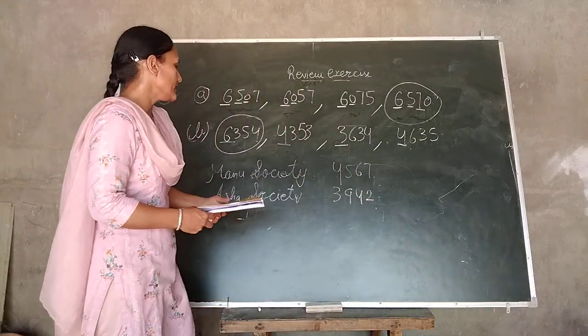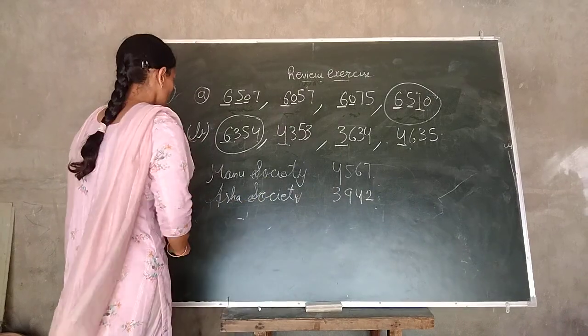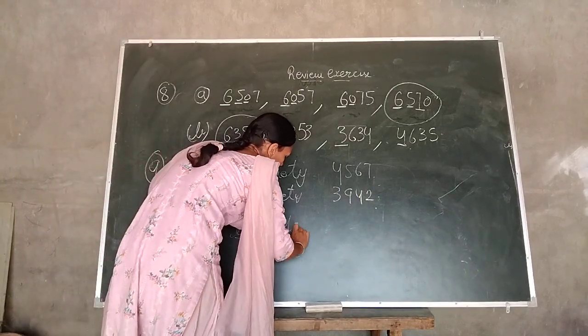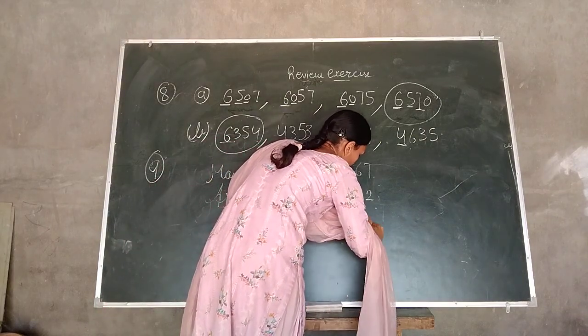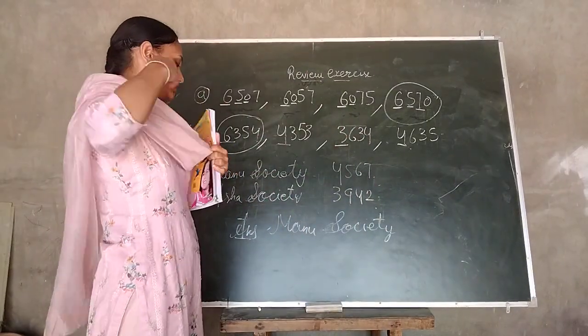Which society has greater number of people? Manu Society. So the answer is Manu Society.